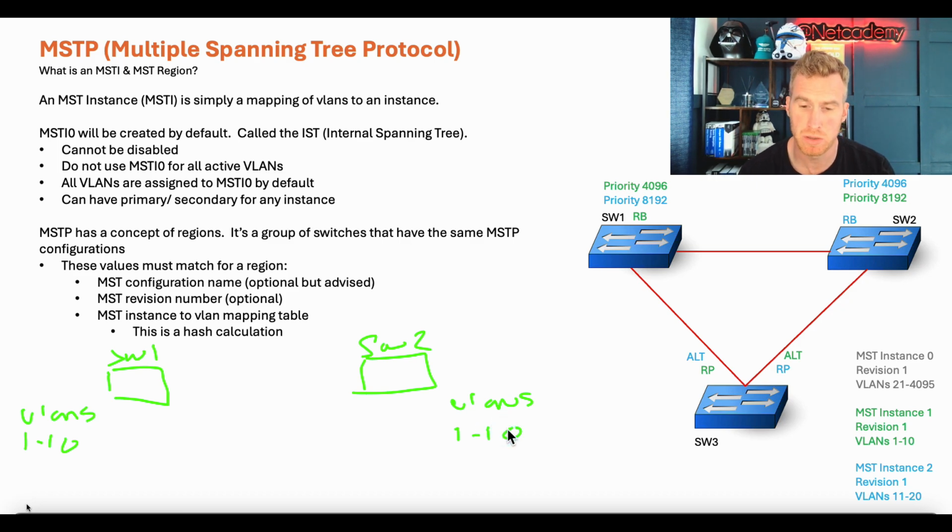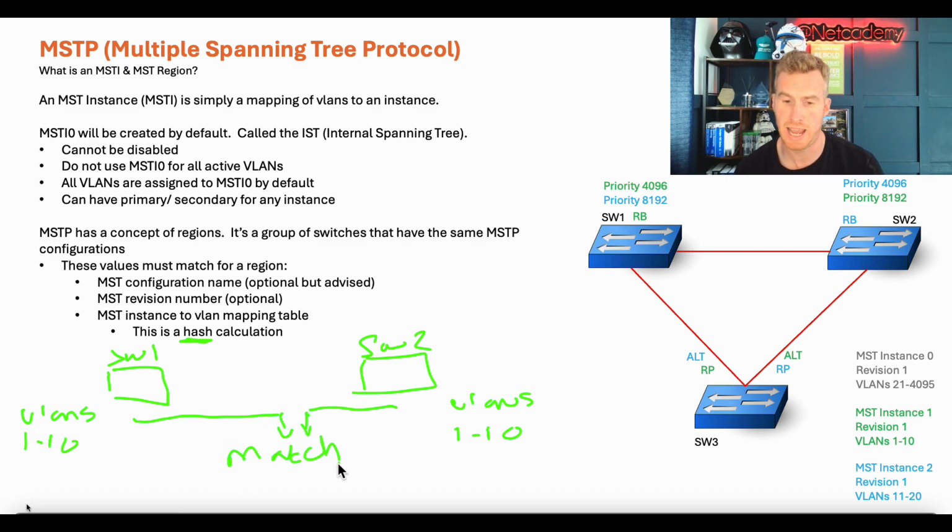What they will do is derive a hash calculation, just a hash value, and send it to each other. And if these two values match, then they know that they have that same VLAN to instance mapping table.